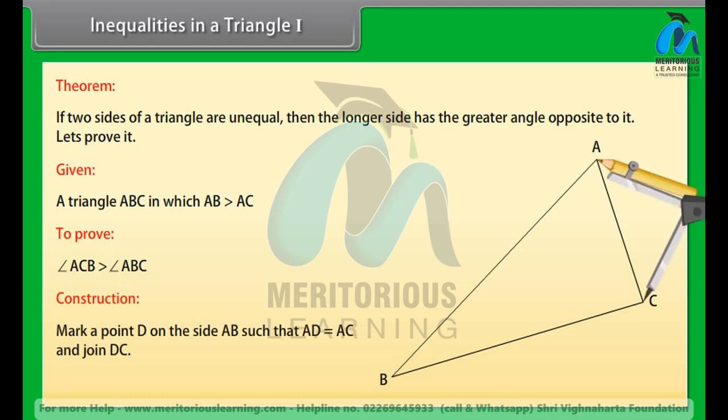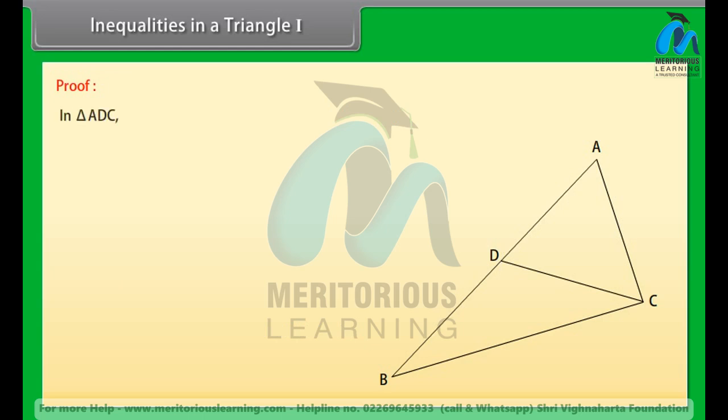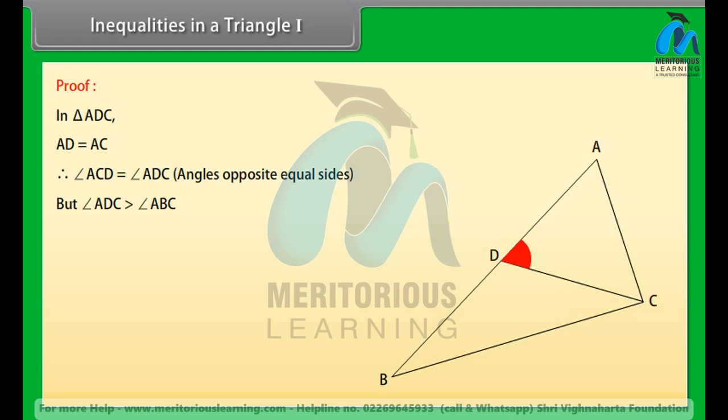Construction. Mark a point D on the side AB such that AD is equal to AC and join DC. Proof. In triangle ADC, AD is equal to AC. Therefore, angle ACD is equal to angle ADC because angles opposite equal sides of a triangle are equal. But angle ADC is greater than angle ABC because the exterior angle is greater than the opposite interior angle.